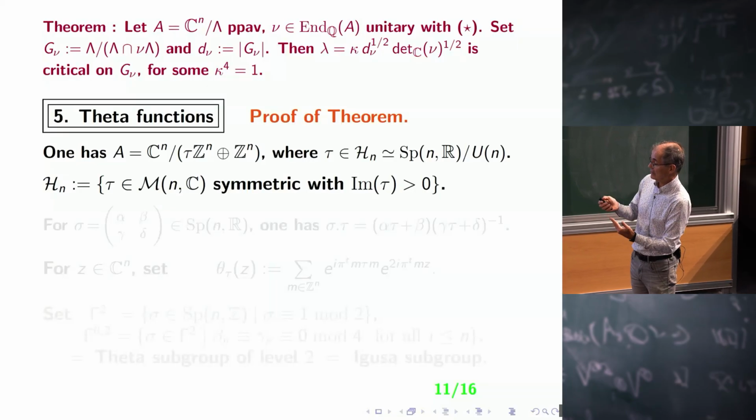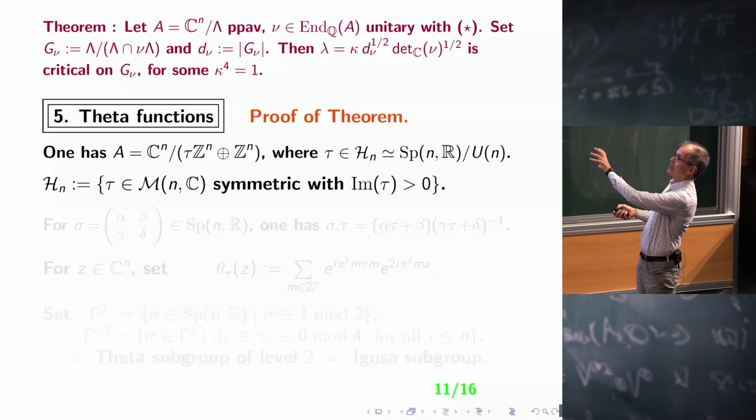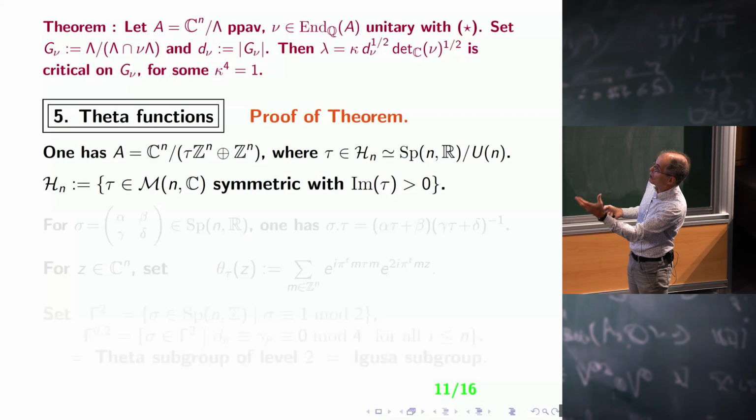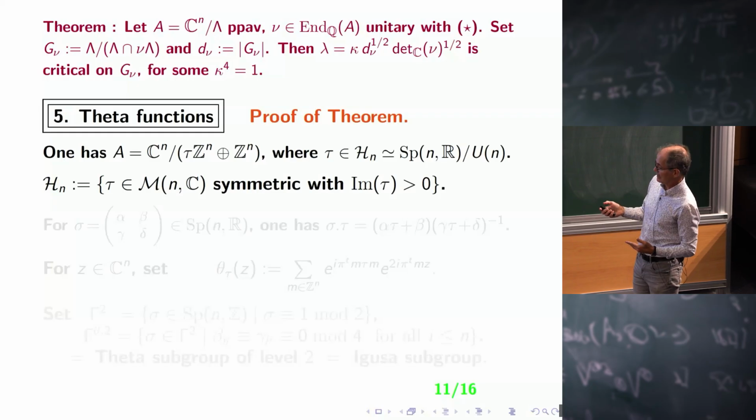So I can write it as C^n over a lattice. This lattice, I can choose one part to be Z^n, but it's a rank 2n lattice, so there is some other part which is the image of Z^n by a complex matrix tau.